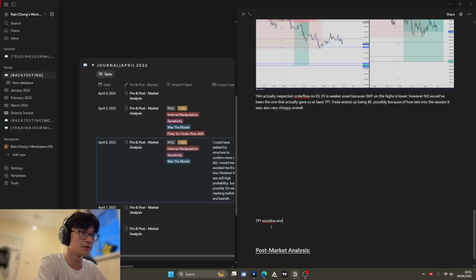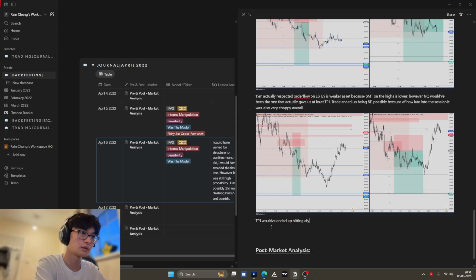TP1 would have ended up hitting, but only after stopping me out.